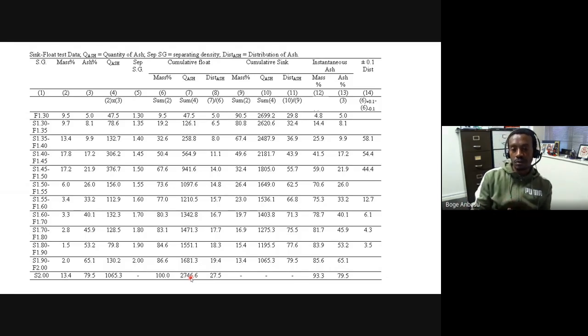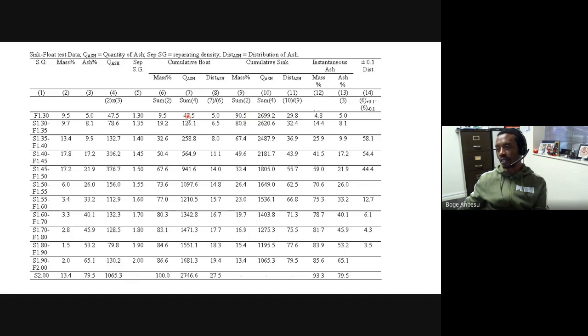So if this is the total and I know the ash in the float, then I can work out the ash in the sink. How do I do that? So I say this is the total 2746, but when I go back to the first step here, the quantity of ash in that first step is actually 47.5 in the floats.